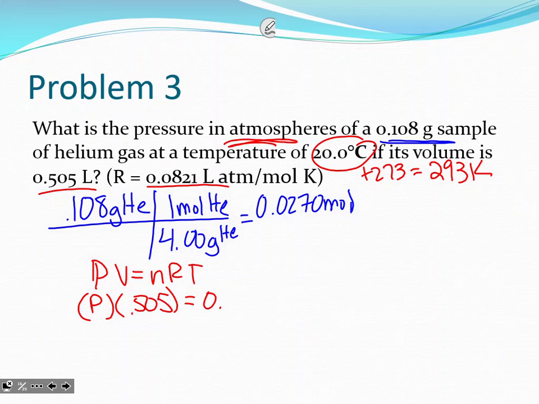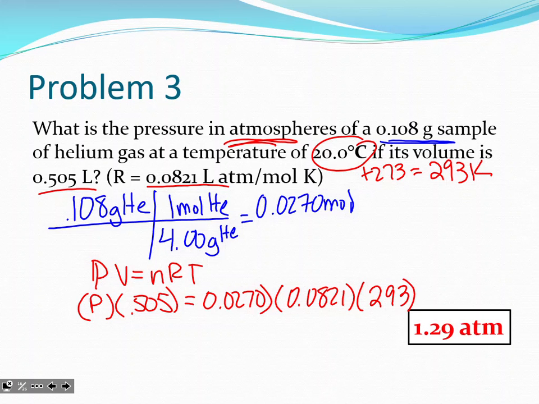We know the moles now because I changed it from the grams. We have our R value, and we know our temperature. You set it up, now you can solve for the pressure. And this would be our answer. We would go with 3 significant figures because all the measured values have 3 significant figures. One other thing, you would never base your significant figures off of the R because it is a constant. It is not a measured value.